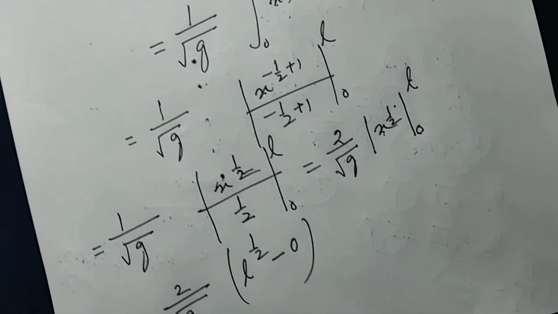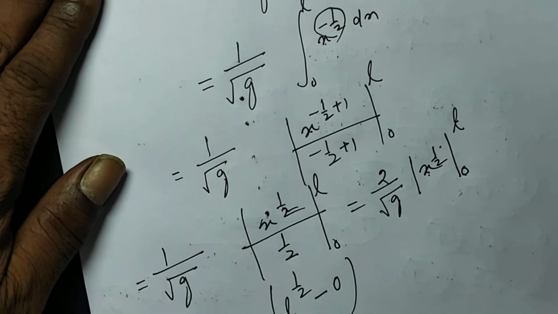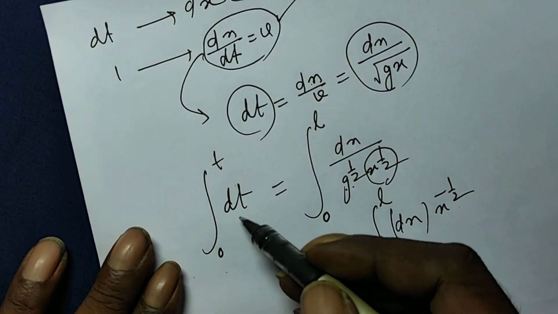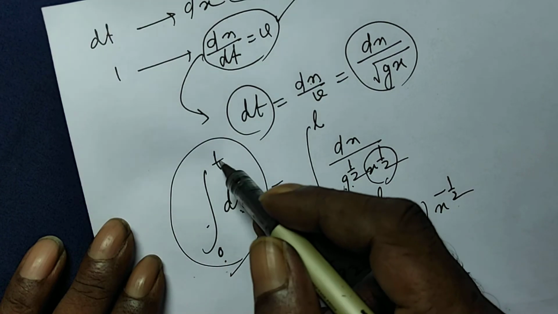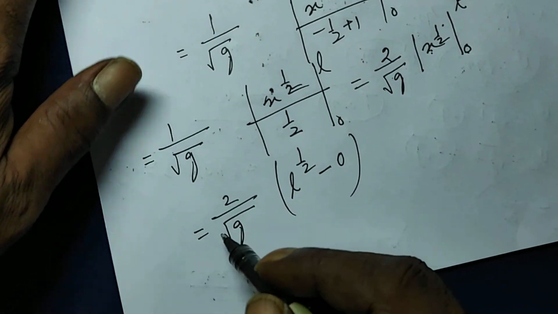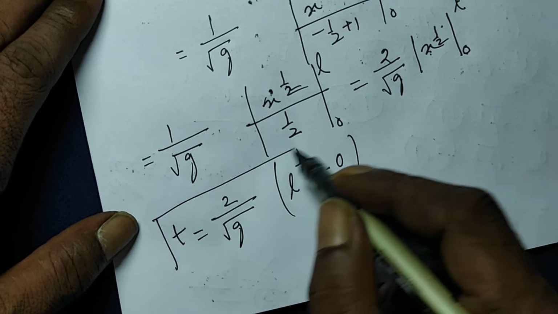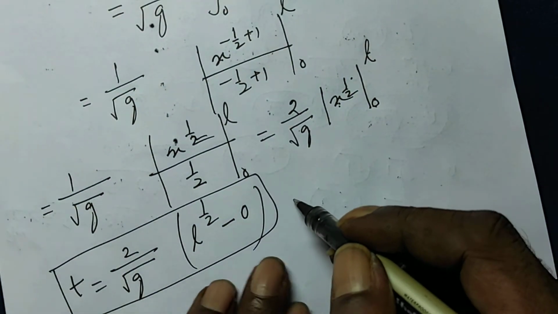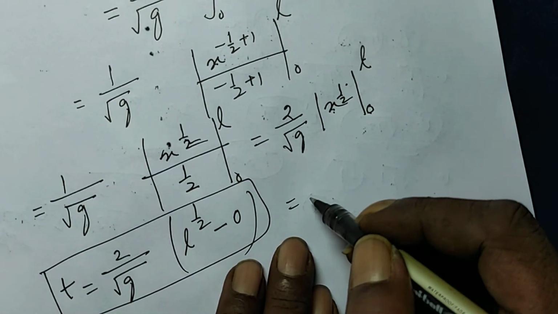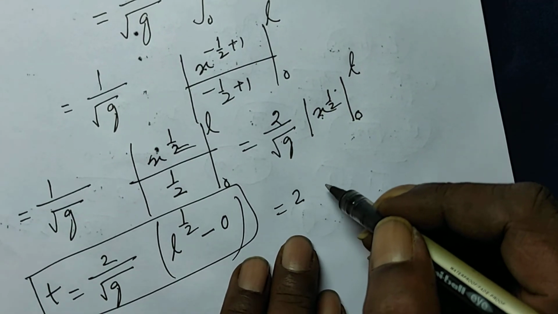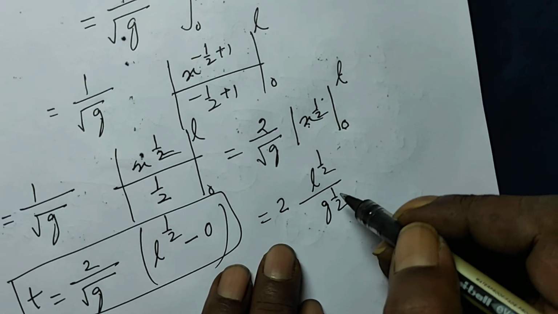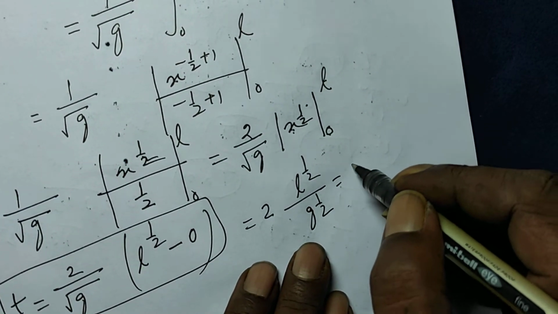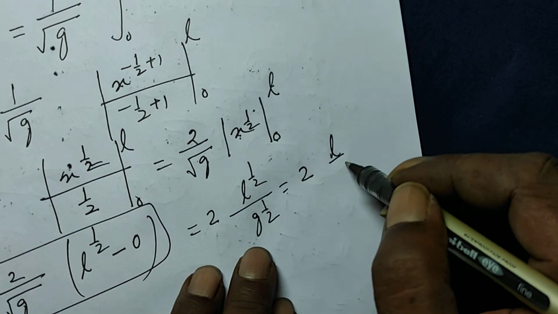So this is the time taken. I started from the left hand side: integration of dt from 0 to t will be t. So t is equal to 2 times square root of L over square root of g, which I can write as 2 times square root of L over g.